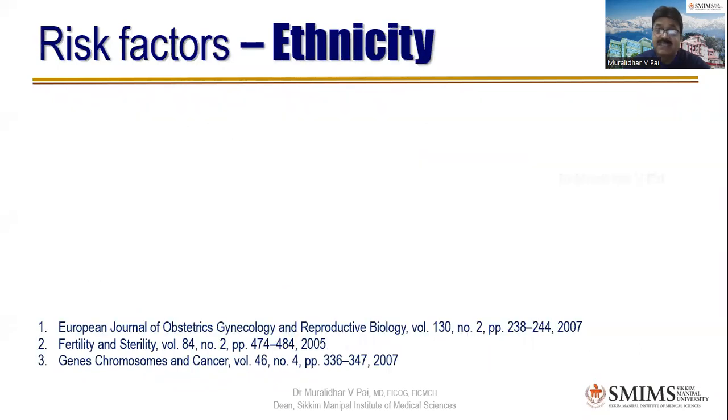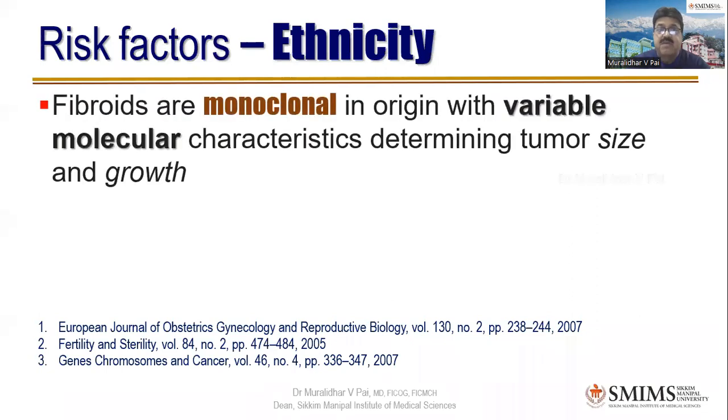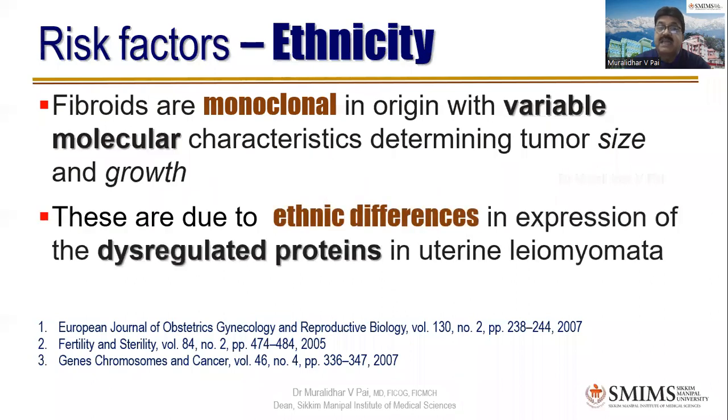Then comes ethnicity. Race is something, ethnicity is different. Fibroids are monoclonal in origin with variable molecular characteristics determining tumor size and growth. These are due to ethnic differences. So again, there are different markers in different ethnicities in expression of the dysregulated protein in uterine leiomyomata.